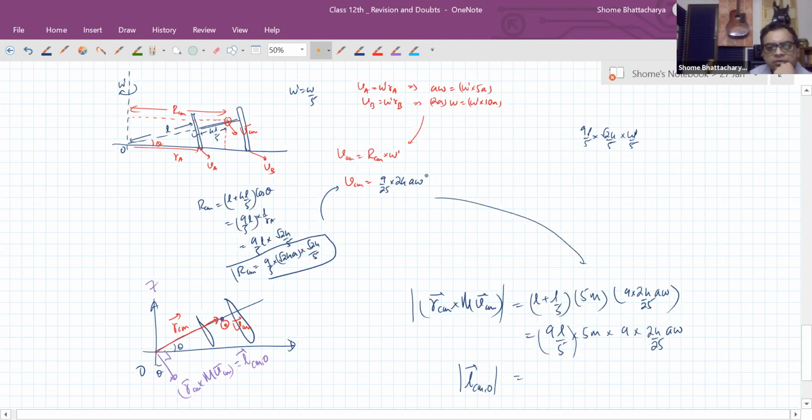Sorry, that is the term I missed. This was omega prime. So that will be another omega by 5, because remember omega prime is equal to omega by 5 from here.